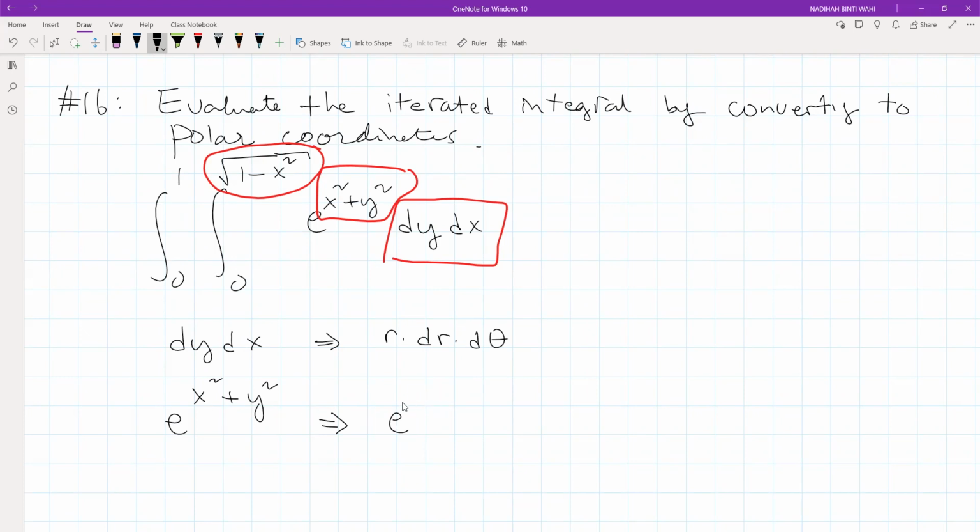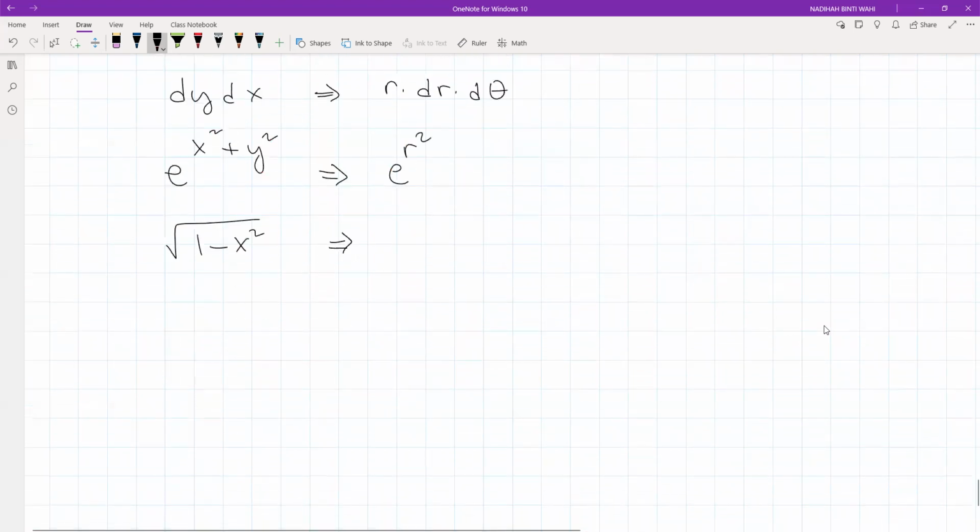So this is just e to the r squared. And then the square root of 1 minus x squared, what's that? That's just r from 0 to square root of 1 minus x squared.